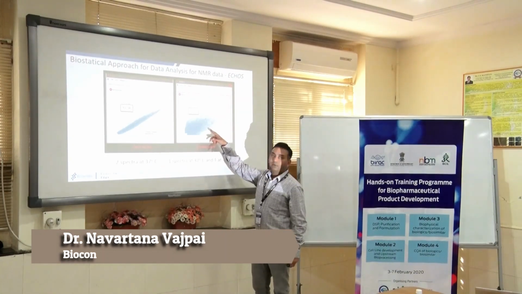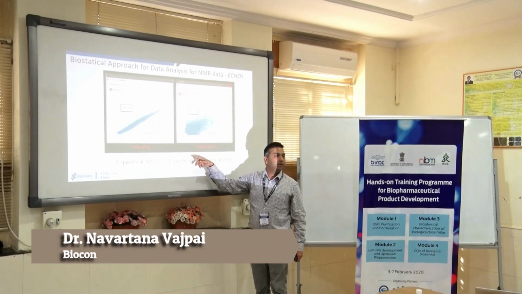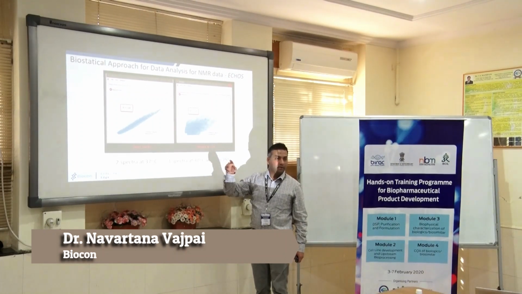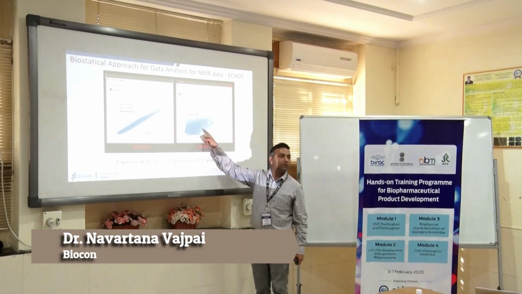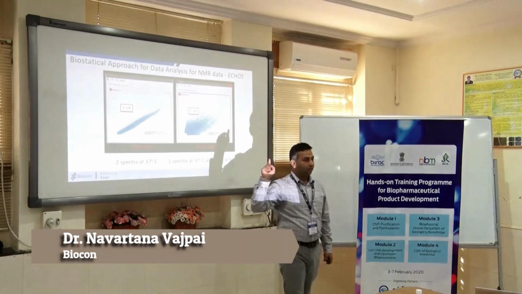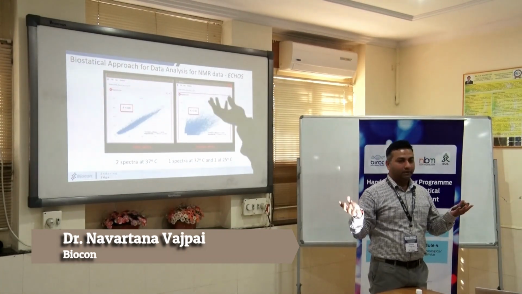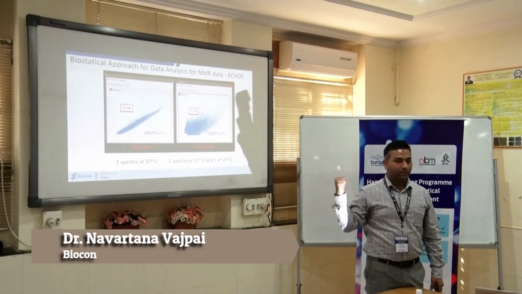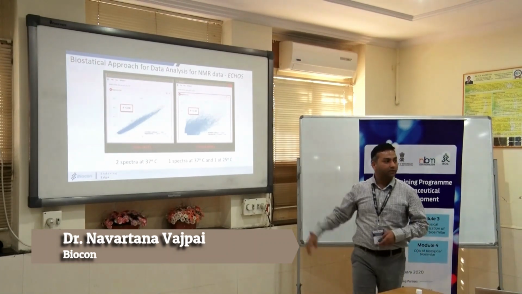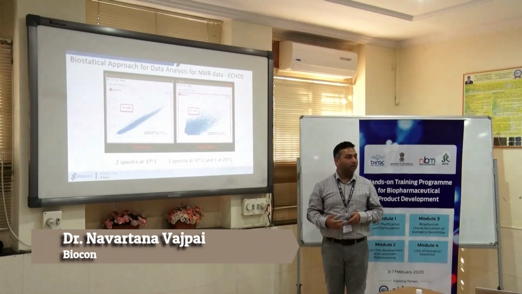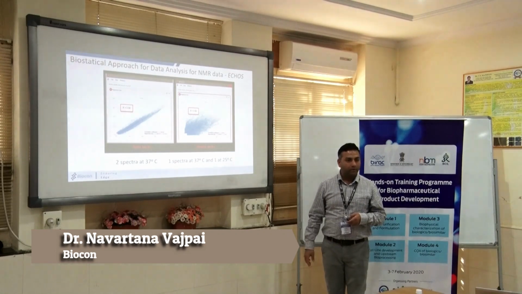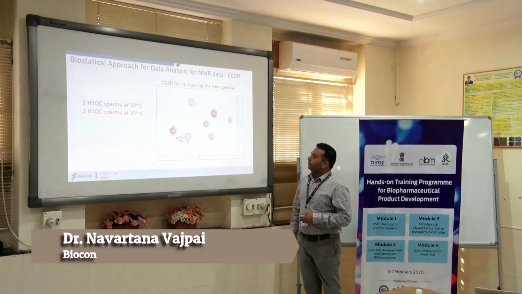However, when I have run one at 37 degrees and the other at 25 degrees, you immediately see a difference in the intensities, and that correlation plot looks not so good. So if I have two different spectral qualities, right away I will be able to measure whether there is a difference or not. And this is a semi-quantitative measurement of your spectral quality.